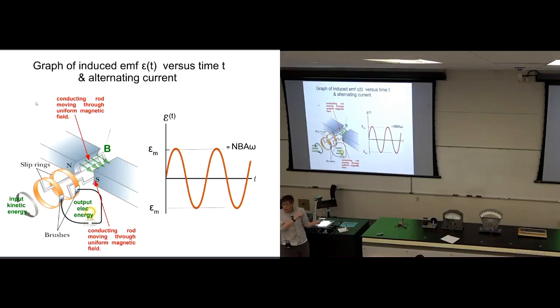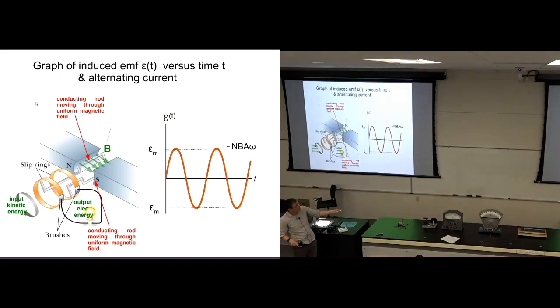And unlike the translational motion generator, where we imagined moving the rod at constant velocity and got a constant voltage out, a constant induced current out, if you rotate the loop at constant angular velocity, you don't get a constant voltage out. You get a sinusoidally varying induced EMF, induced current out.